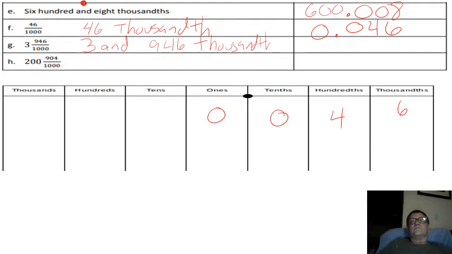So now I'm going to go and put it in the place value chart. And it's 3 and, now we should be seeing this by now, I'm going to have to put 946 thousandths.